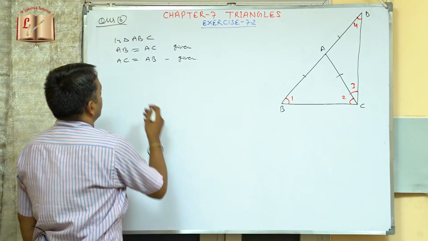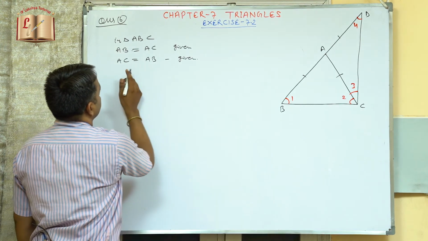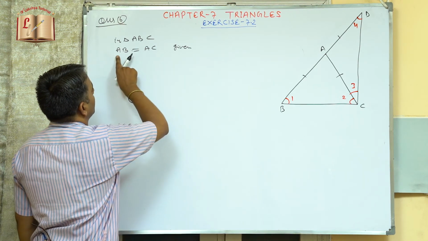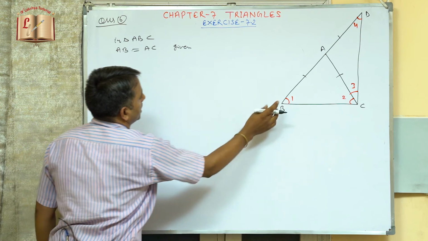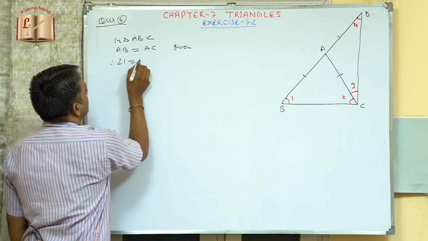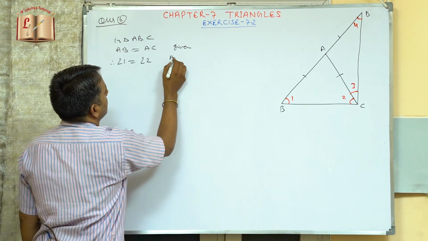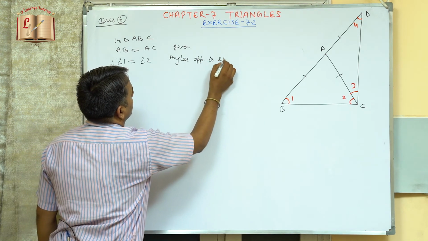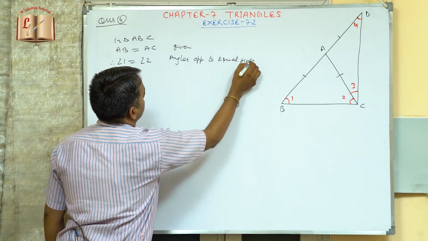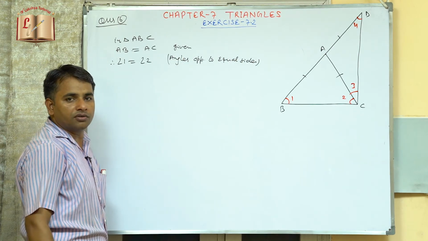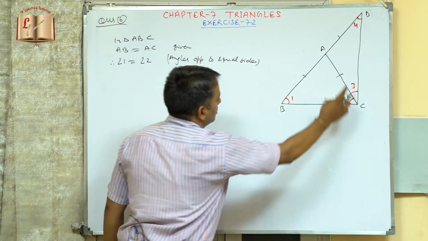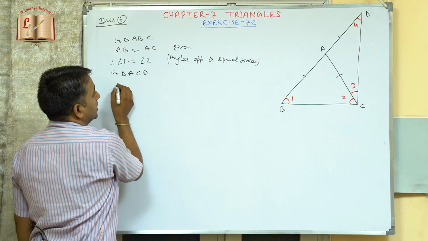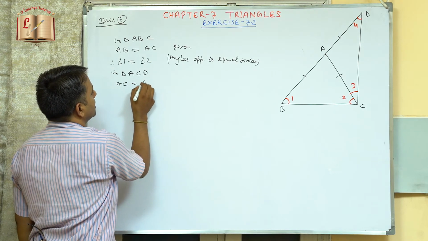So I can write, in this triangle, AB is equal to AC. Therefore angle 1 is equal to angle 2. These are the angles opposite to equal sides. Now similarly coming to triangle ACD, in triangle ACD, this AC is equal to AD.